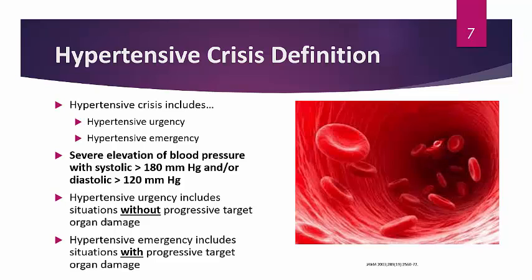Now, the difference between hypertensive urgency and hypertensive emergency is that with hypertensive urgency, you don't have any progressive target organ damage, versus with hypertensive emergency, you do have progressive target organ damage. So with emergency, you have organ damage. With urgency, you don't. And with both, you have systolic greater than 180 and/or diastolic greater than 120.